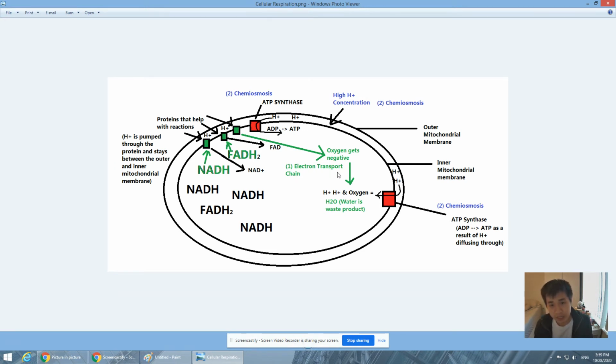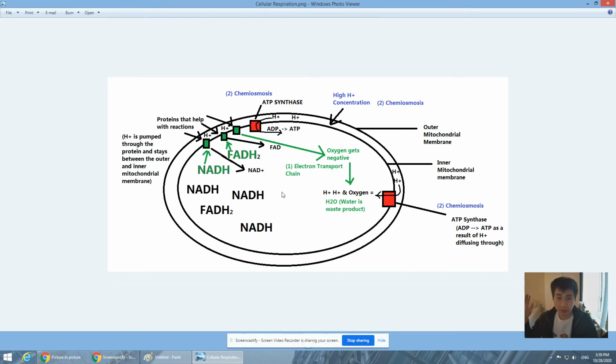So electron transport chain, all it did was transport those electrons from the NADH and the FADH2 over to the oxygen. And when the oxygen got the electrons, it was negative, and then it's able to form H2O, water, which is a waste product. So this is electron transport chain.